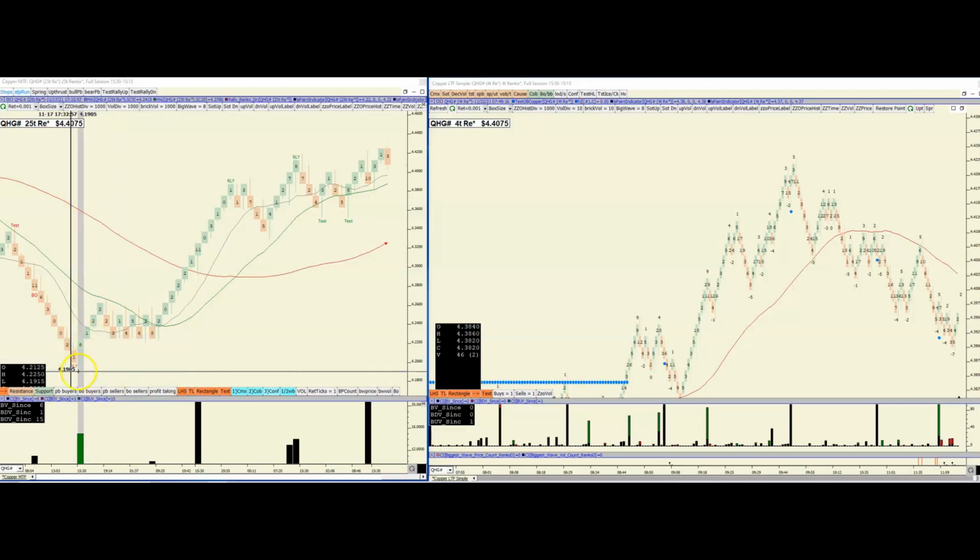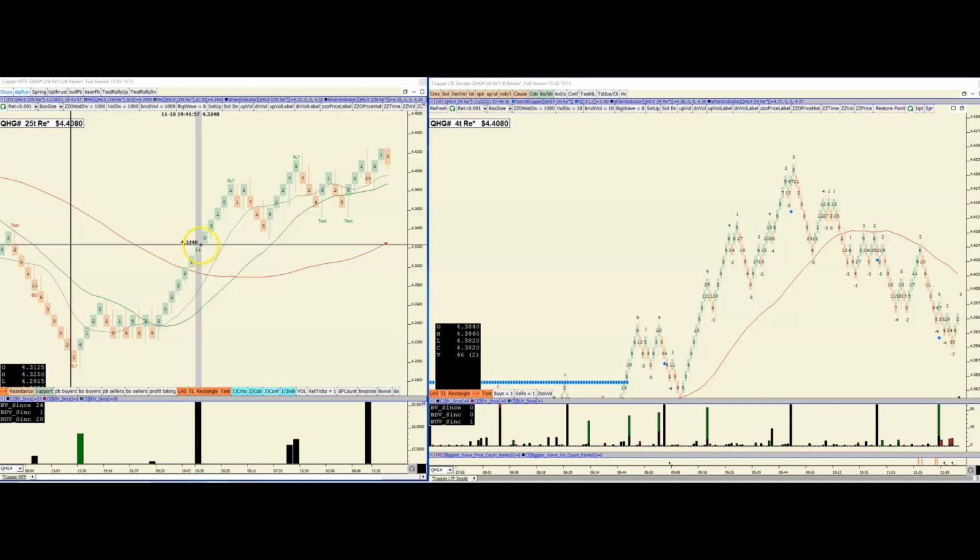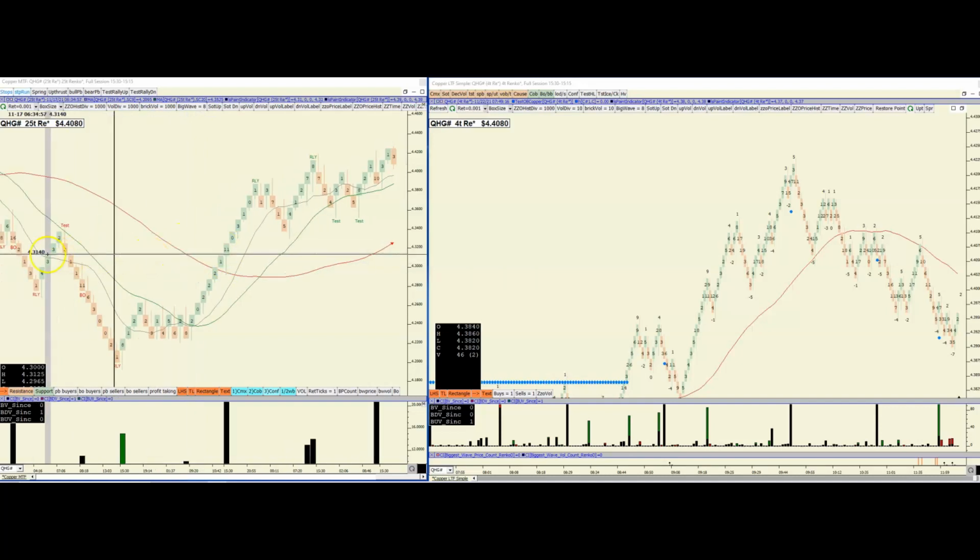So right here, this is where I'm going to start looking at it, on the right-hand side. You have a springboard which initiates a rally. Here you have heavy volume because there were sellers who wanted to short against this prior high. So they were shorting, and that's why there's a lot of volume here.